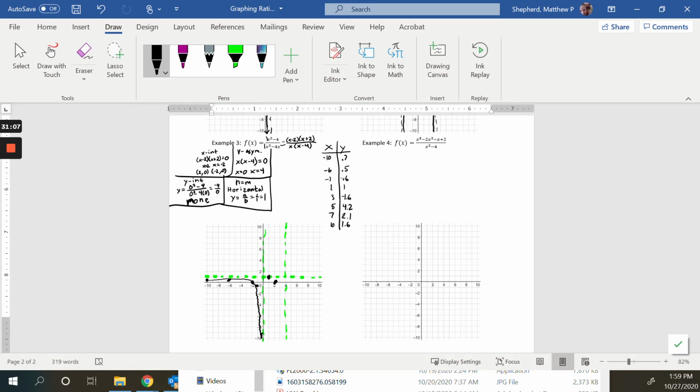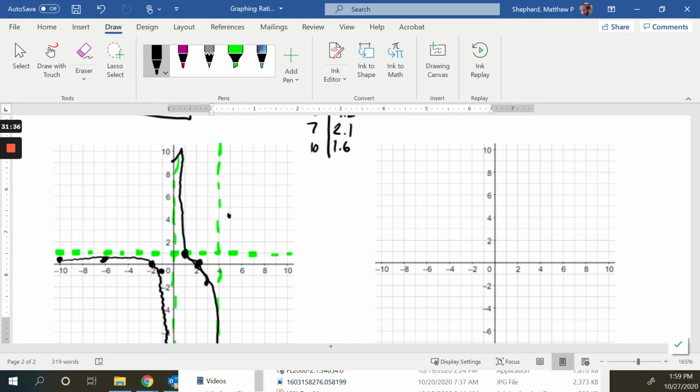At 3, we'd be at negative 1.6. So we can see it was rising up, so it's going to come up and get closer to that asymptote, and then down here it'll do the same. Now at 5, we were at 4.2.